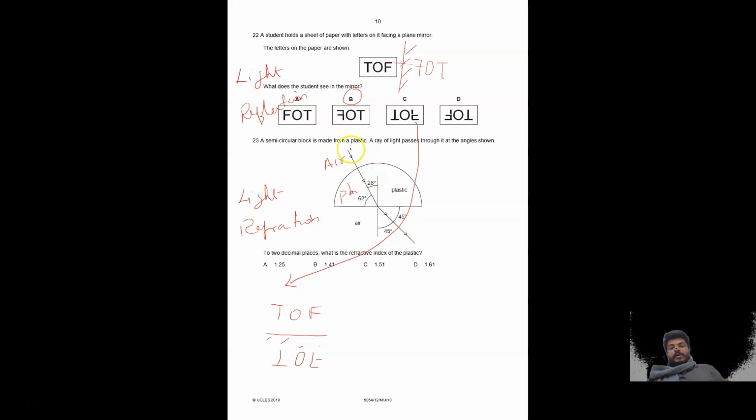So the speed outside is 3 times 10 to the power 8 meters per second, and here also 3 times 10 to the power 8. But inside, the speed is not 3 times 10 to the power 8, it is less, because the density of the plastic is high. Density here means optical density. What is optical density?